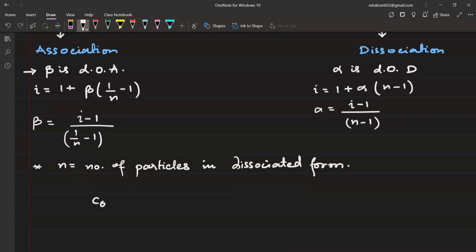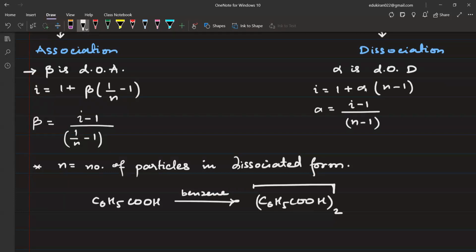Suppose we have C6H5COOH in benzene. Association will take place, so we'll have (C6H5COOH) twice. This is the associated form, and this is the dissociated form. Now balance it, you will get 2. So what is n in this case?